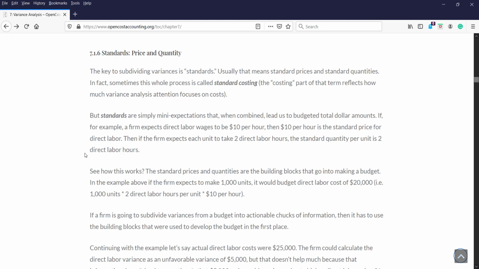Okay, so standards. Now, this is important to get out of the way, but I don't want you to put standard costing and variance analysis in the same bucket that you have job order costing, activity-based costing, and process costing. I know costing is in the name of standard costing, I know, but it's not referring to the same thing. It's not referring to the same dimension of a cost system.